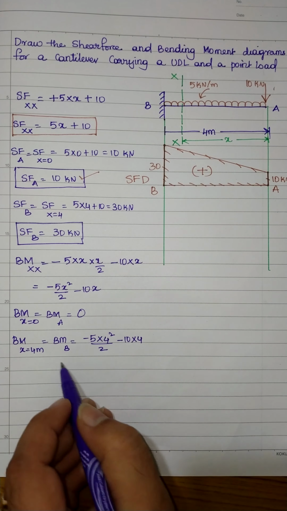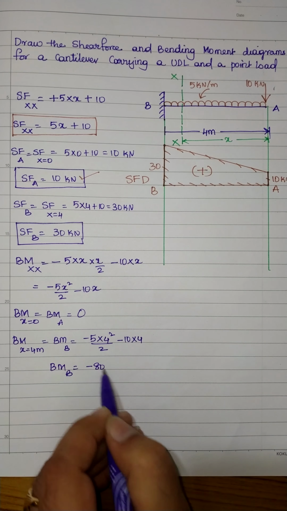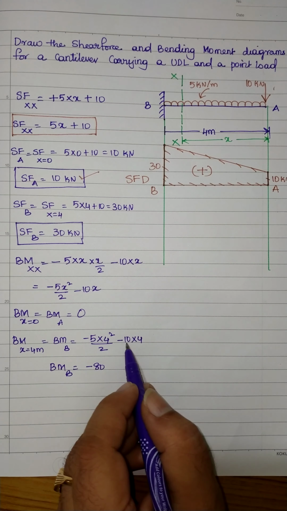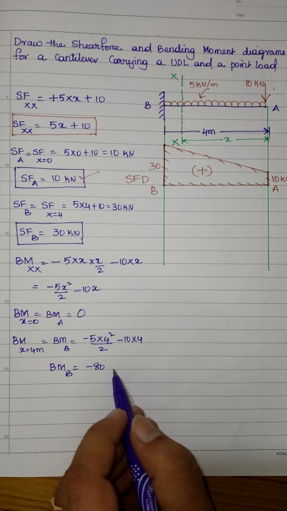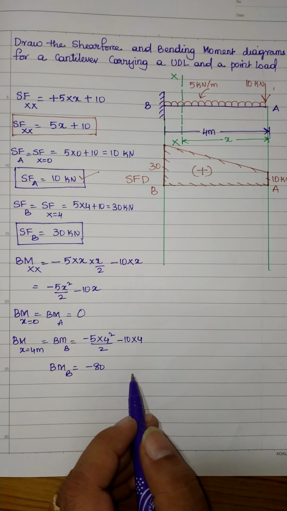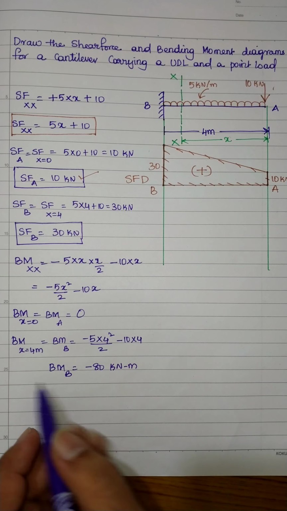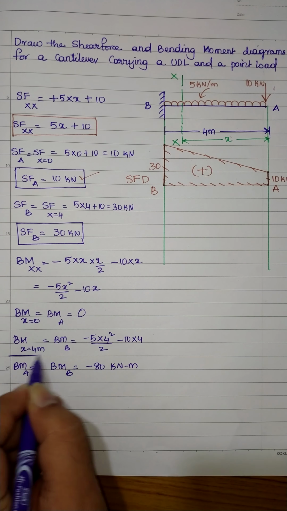You will get the bending moment at point B equal to minus 80. 20 multiplied by 5 divided by 2 is 50, plus 30, totally we get 80. The units are kilonewton meter, and already we have bending moment at point A equal to 0.